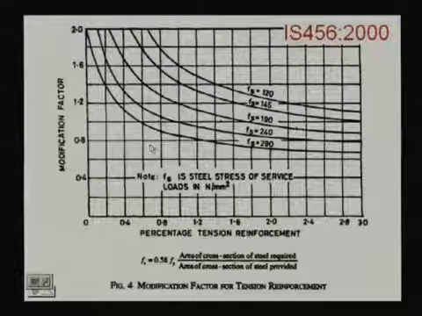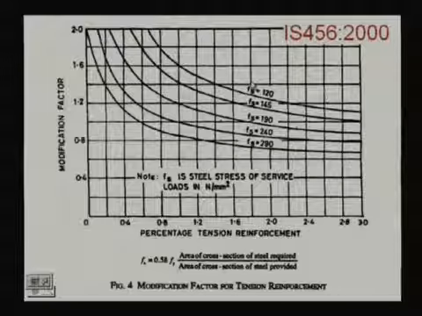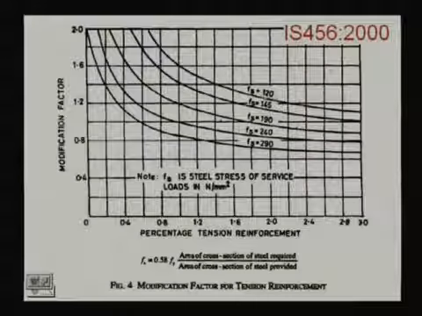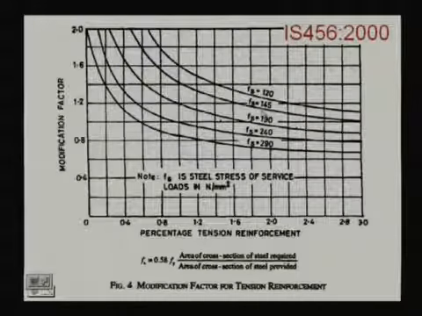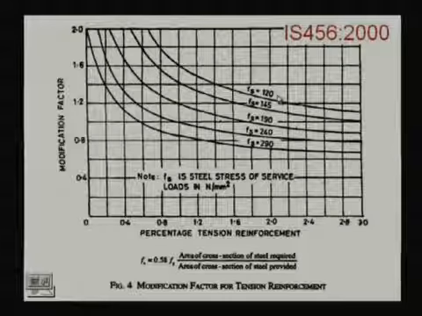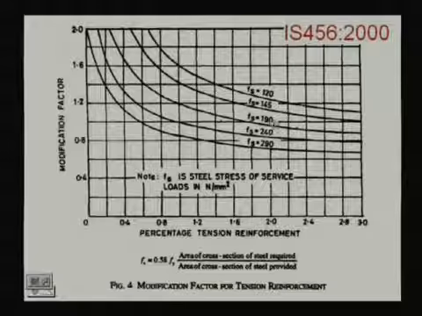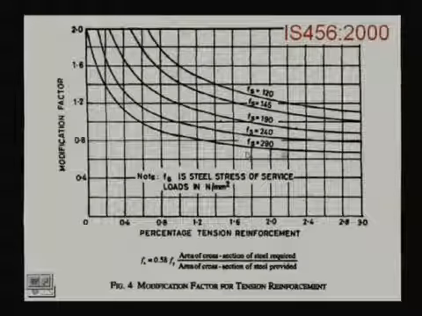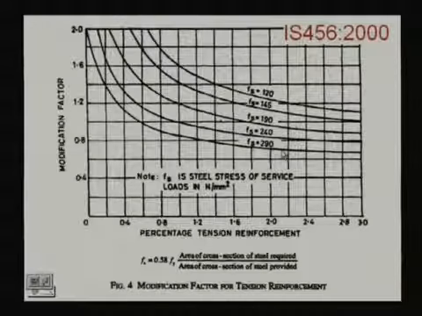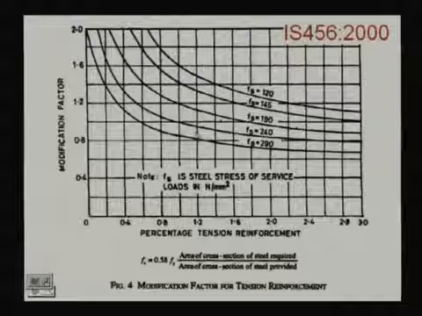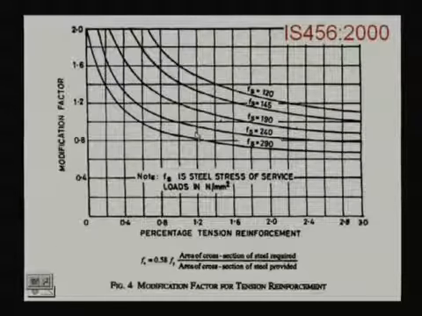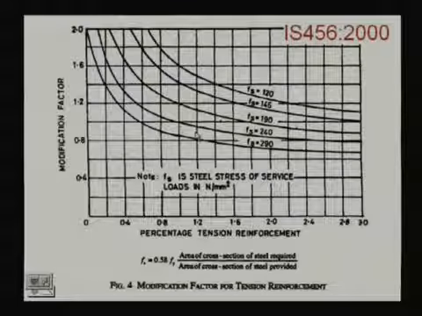For 0.373%, there are so many stress levels, Fs: 120, 145, 190, 240, 290, but it is not directly related to Fe415. We have to do a certain kind of modification.